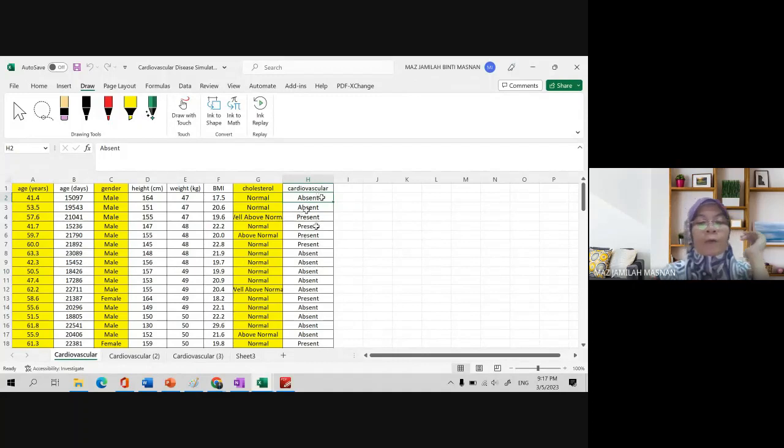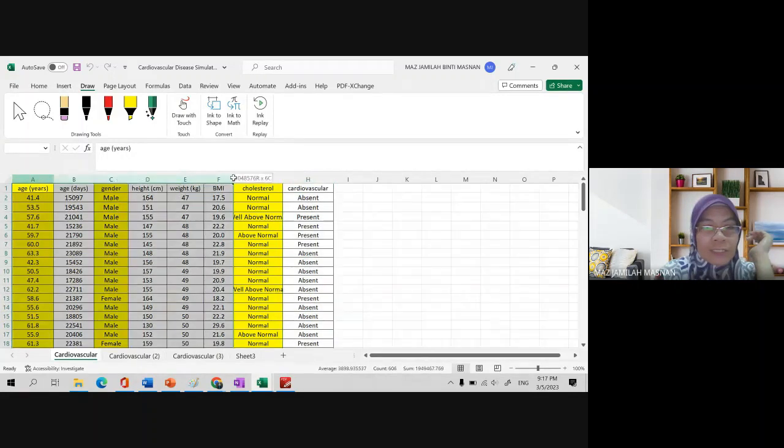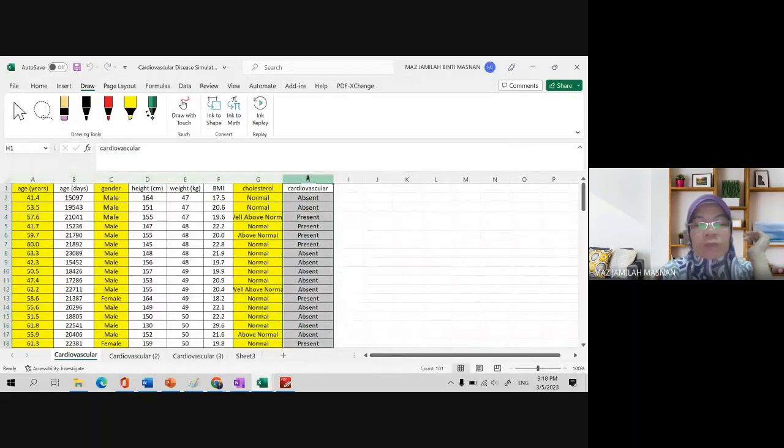Now why do we choose cardiovascular? Because this is the keyword for the whole data set. The whole data set is based on the cardiovascular level, meaning whether someone has cardiovascular or does not.